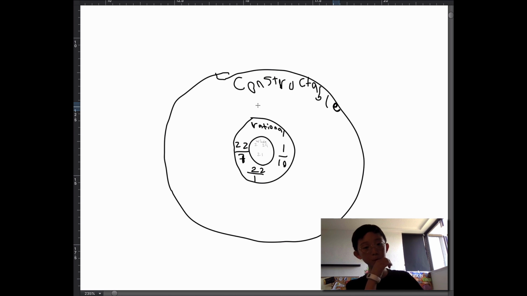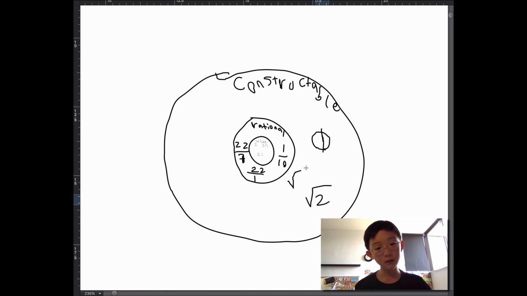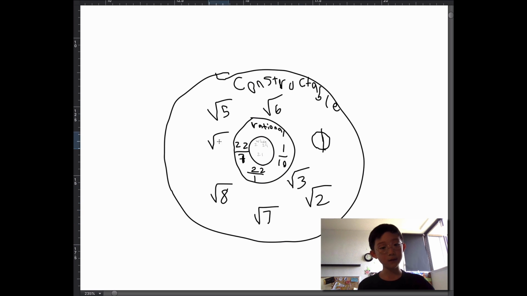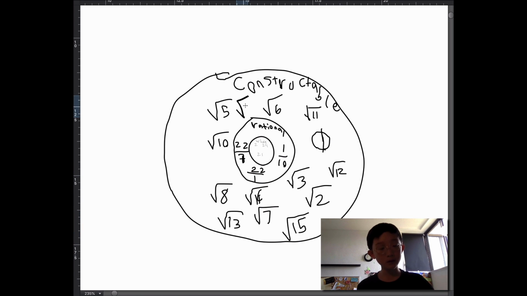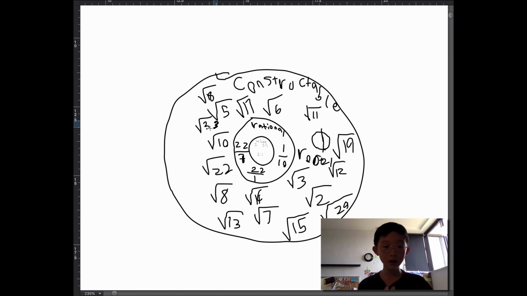So for example, like 5 and root 2 and root 3 and square root 33, stuff like that.